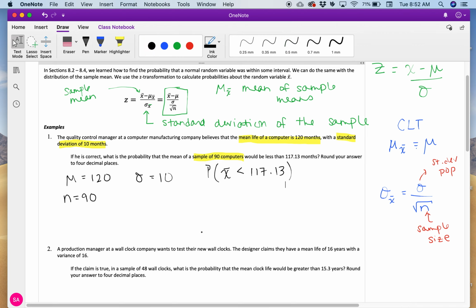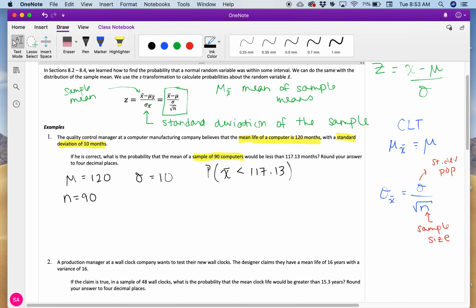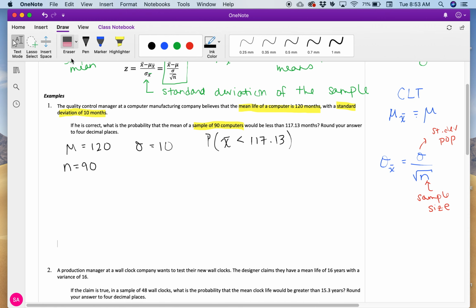Well, just like the last problems, we need to standardize so that we can use the standard normal distribution, because everything just works a little bit easier with the standard normal distribution. So we're going to convert things to z. Before we do that, I'm going to give myself a little extra room on this problem.